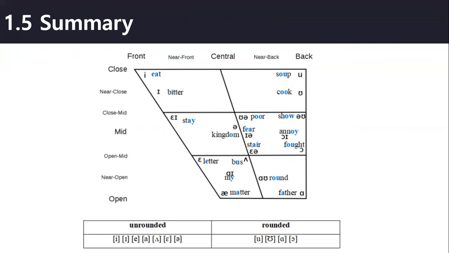So we have the words eat, bitter, stay, kingdom, letter, bus, my, matter, soup, cook, pour, show, fear, annoy, stare, fought, round, father. So you have to memorize each vowel, the sound that it produces, and its IPA transcription.